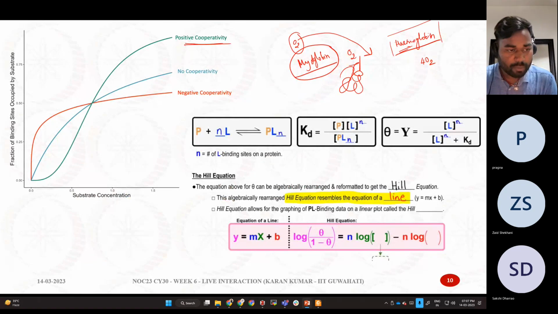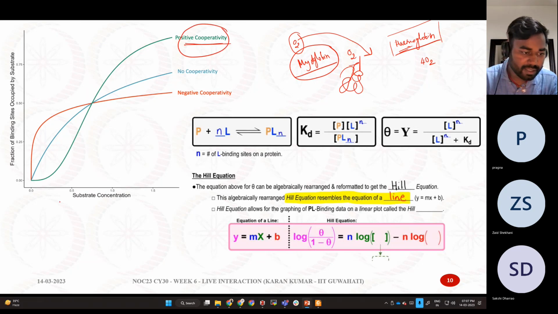Now coming to the cooperativity. In the case of cooperativity, hemoglobin shows positive cooperativity. That means initially, when oxygen is not bound, it will have slower kinetics, but when one oxygen is bound, it will take a sudden leap, and you will have positive cooperativity here.